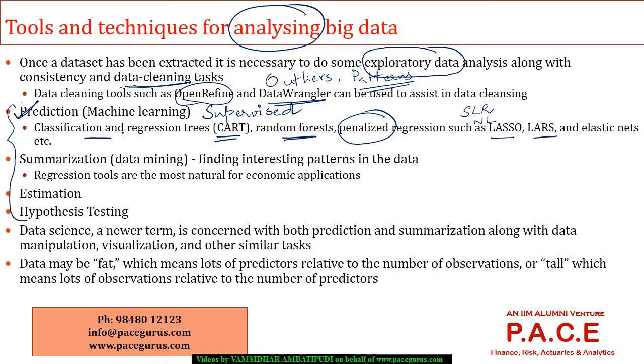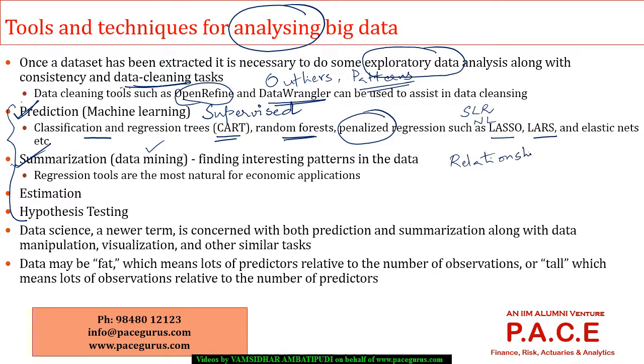So when I have data, the first of the four major tasks that I can do is prediction, or I can get into a simple summarization. When I say simple summarization, I am trying to get into a data mining exercise where my intention is to identify the patterns in the data. There are again multiple ways in which I can identify the patterns and the relationships between the variables.